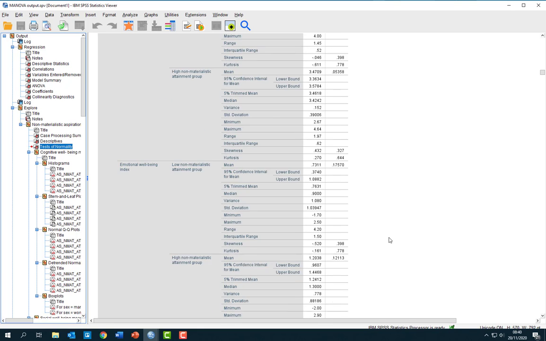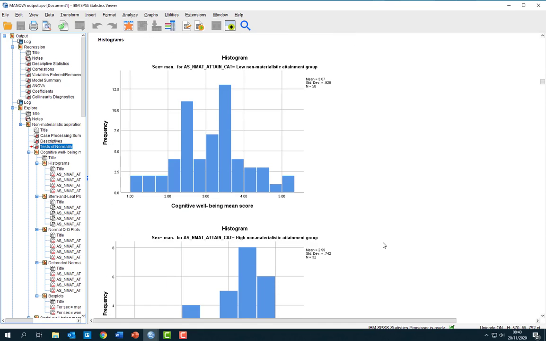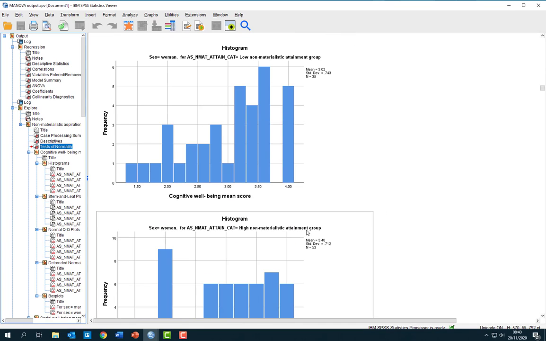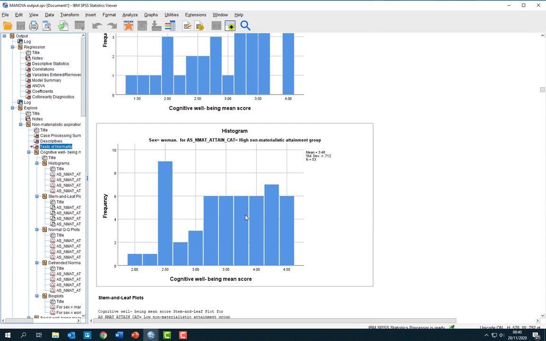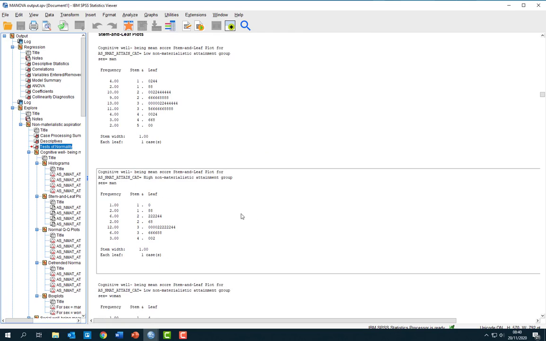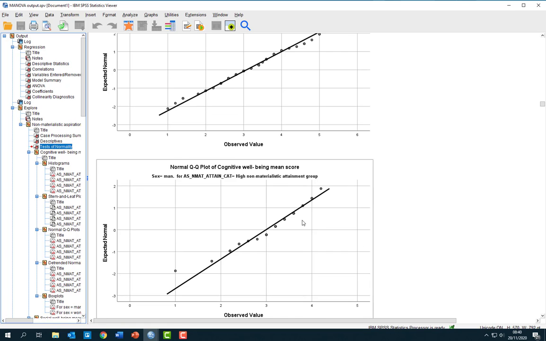So we would have to make the decision at this point. Do we think that this is a moderate violation or quite a substantial violation? If you felt it was a substantial violation, you could look at transforming these variables. You could look at potentially the removal of some of the outliers we've identified to see if that improves the situation.